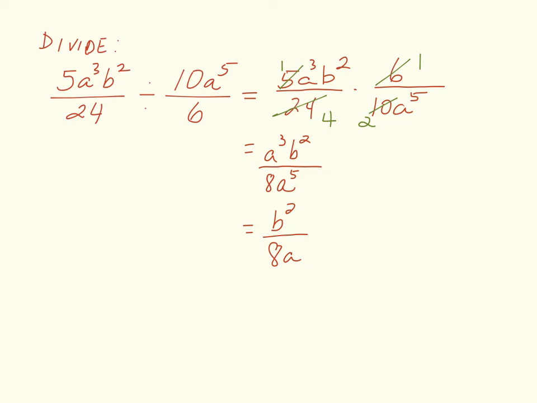Because if there's 3 a factors in the top and 5 in the bottom, then 3 of the ones in the bottom will cancel with the 3 at the top, and it will leave you 2 factors of a in the denominator right here.